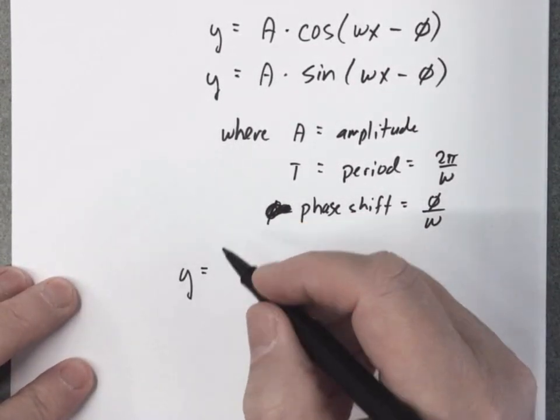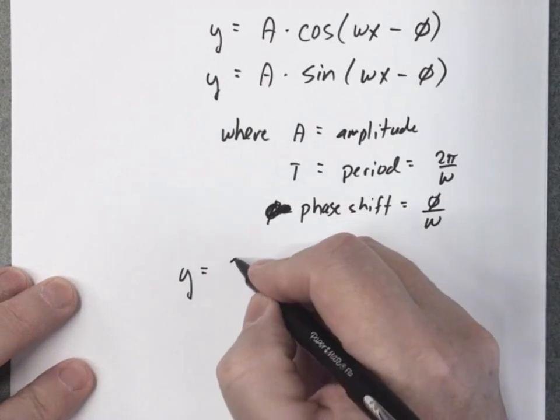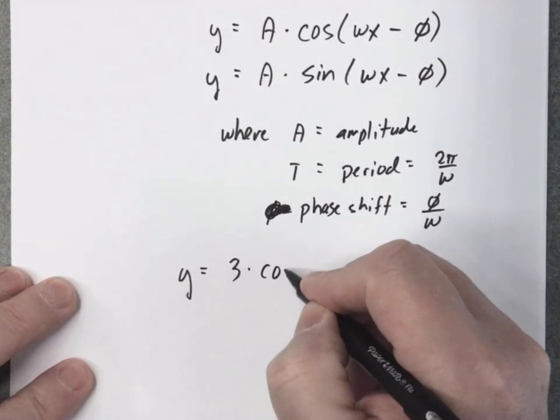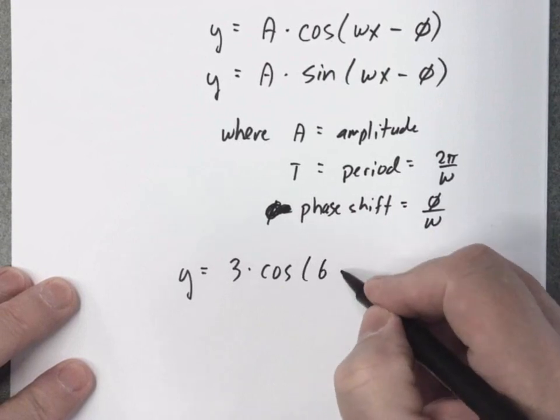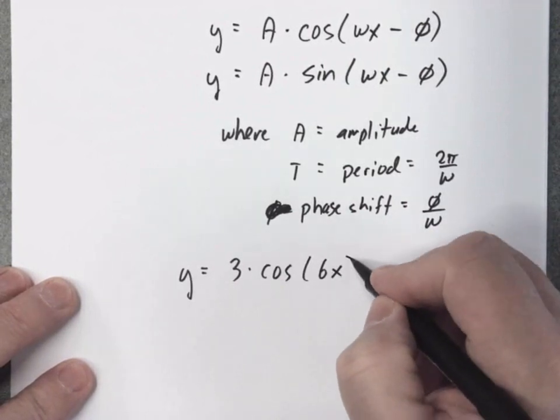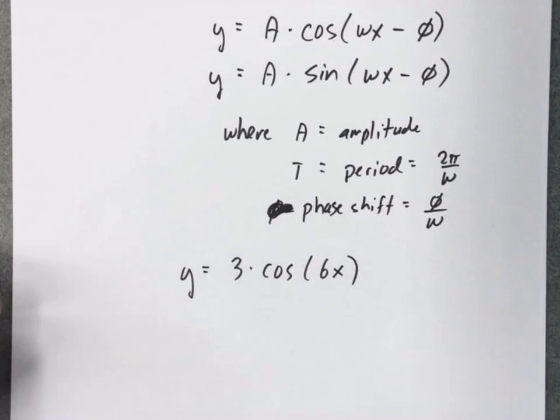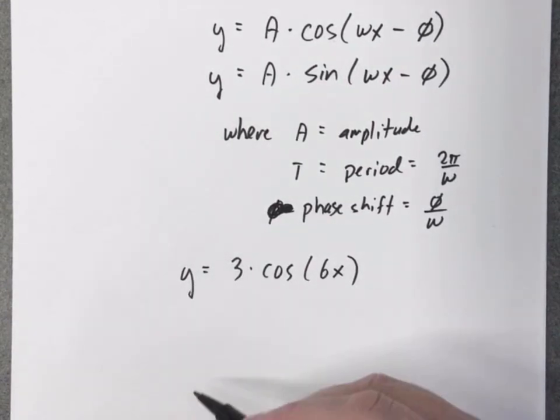So if I'm given this equation, y equals 3 times the cosine of 6x. So x here is your angle, and y is the magnitude of the function.